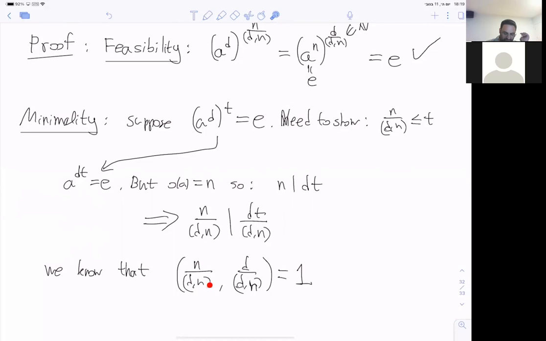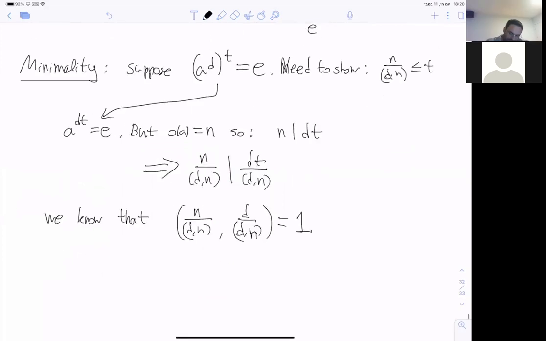So if these are coprime, and this divides this number times t, this factor does not appear in the other factor because they are coprime. It must divide t.